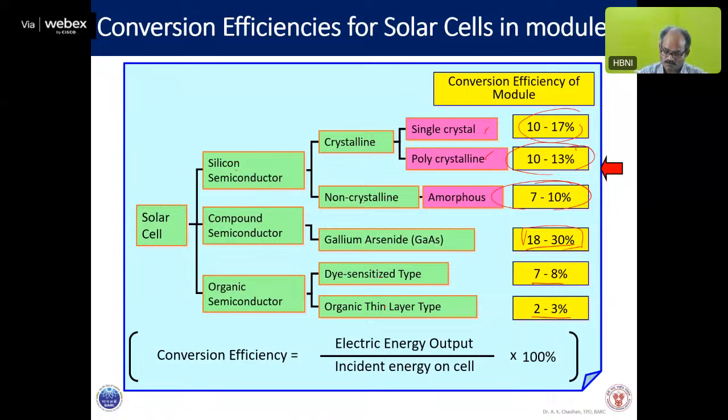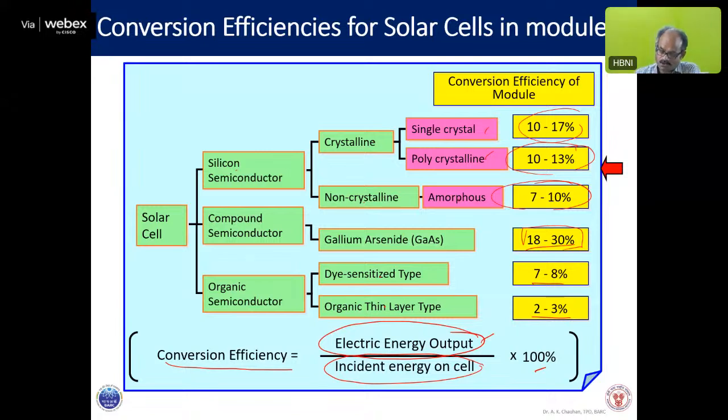Once again, how is the efficiency of these devices calculated? The electrical energy output is the maximum in the ideal case. But when you have a panel, you don't know the ideal maximum voltage or current. In that case, you take whatever maximum electrical energy output you are getting and whatever light is incident on the solar cell, and multiply by 100 to get the percentage.